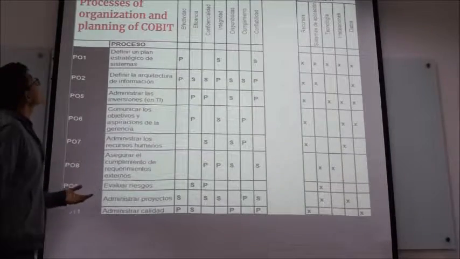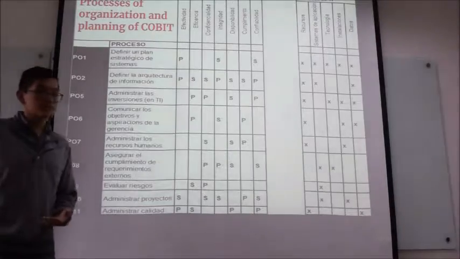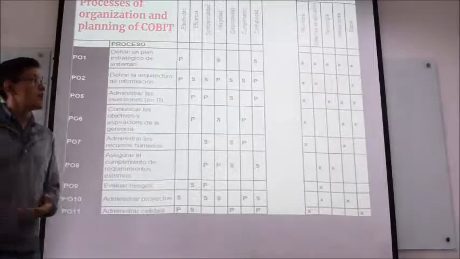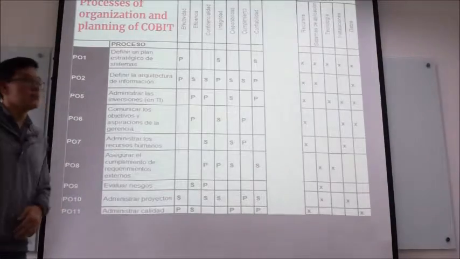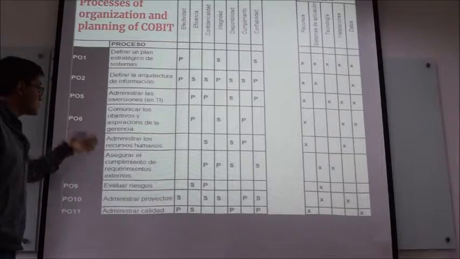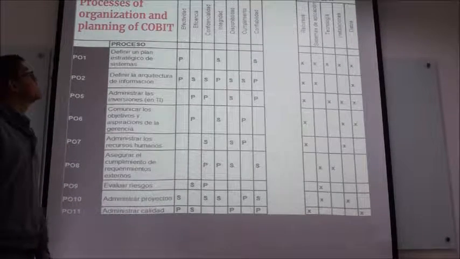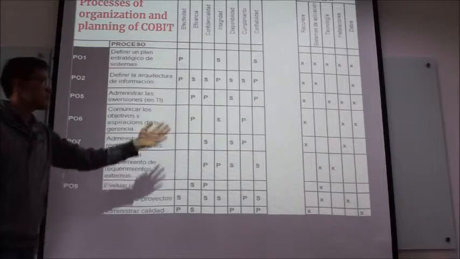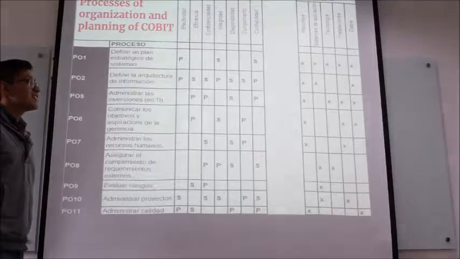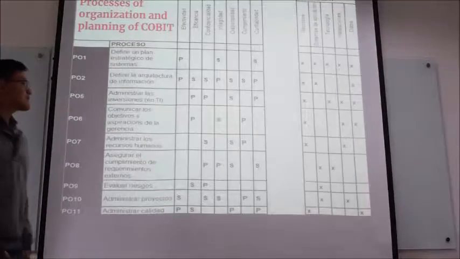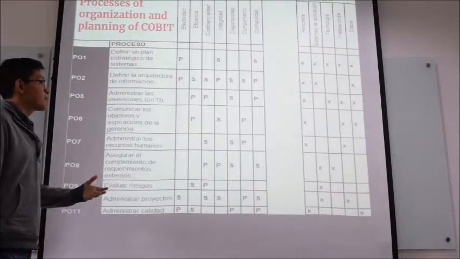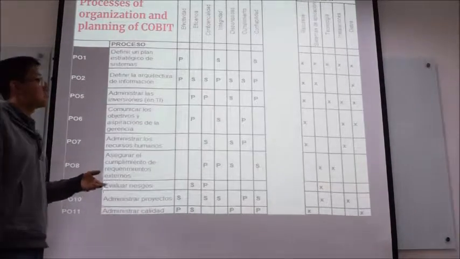So this is the chart that is used to implement this framework. It has three main parts. The first one is the processes listed here, the information criteria, and the resources of IT. So this chart looks to give priorities to some information criteria.